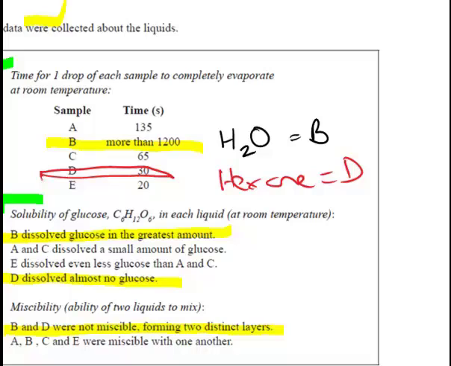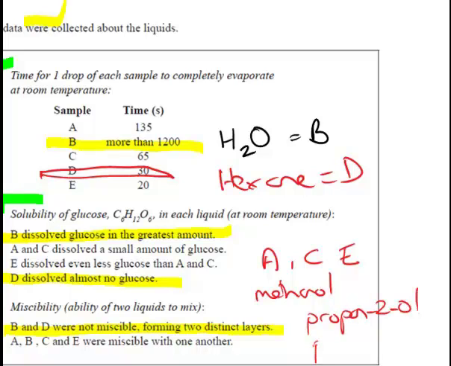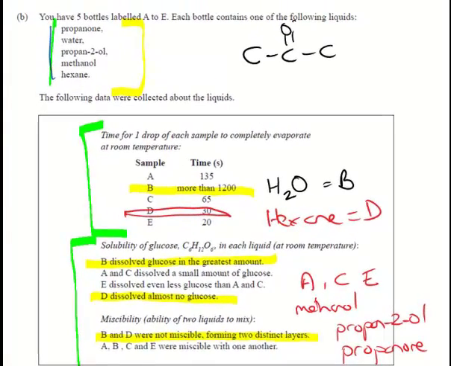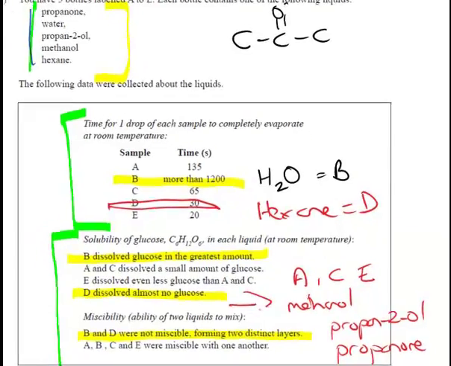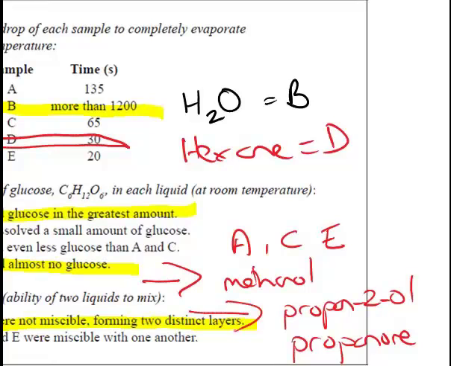Now, that leaves us with A, C and E, and obviously we've got methanol, propan-2-ol, and propanone left to identify. And when we look at these molecules, which would we expect to have the weakest kind of intermolecular bonding? Both methanol and propanol have the ability to hydrogen bond.